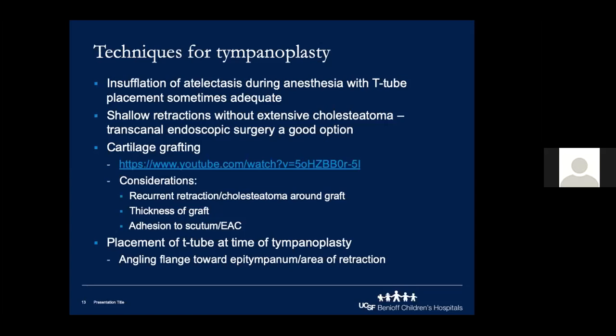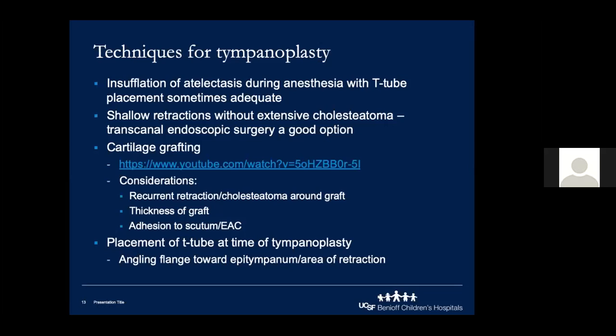And if you need to do that to get to the cholesteatoma, then you definitely should do that. But if it's reasonably small, placing a graft without cartilage with a T-tube and angling the flange of the T-tube towards the area of retraction is one option you might have to try and avoid using a cartilage graft.